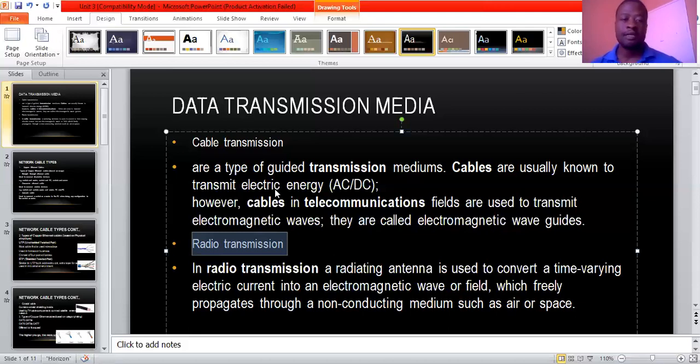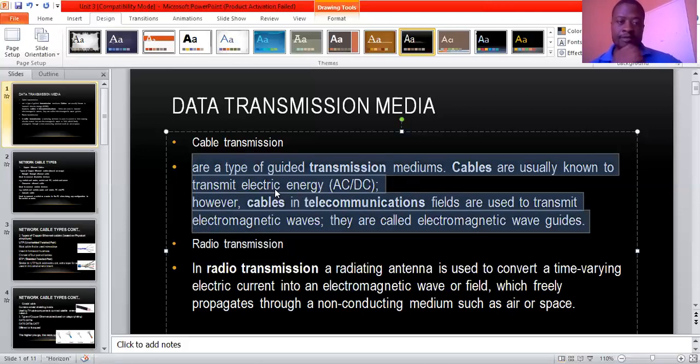Now let's quickly look at cable transmission. We are saying cable transmissions are a type of guided transmission media. They are guided. Cables are usually known to transmit electric energy. Normally we have been told, or we only know, that cables are used only to transmit electric energy.